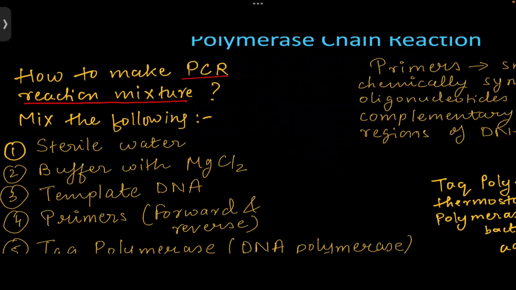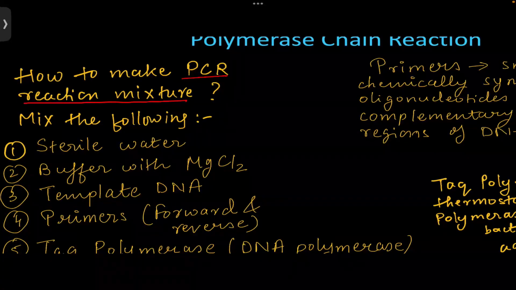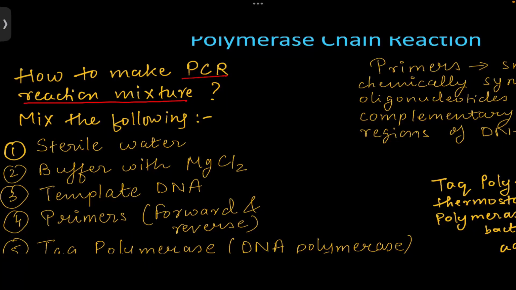The volumes that we are going to use for PCR mixture are very small, in microliters, remember. It's a very sophisticated, small-amount reaction. So people have to practice for years in order to perfect this technique. But nowadays many resources are available, so by simple understanding anyone can do it, but yes, practice is needed.